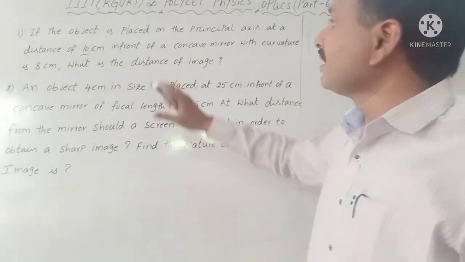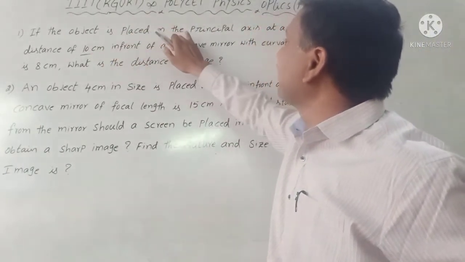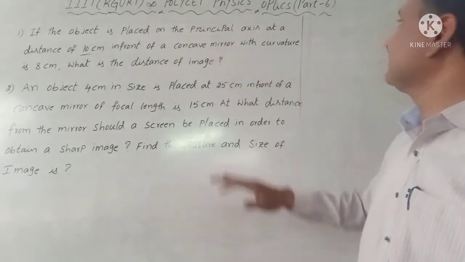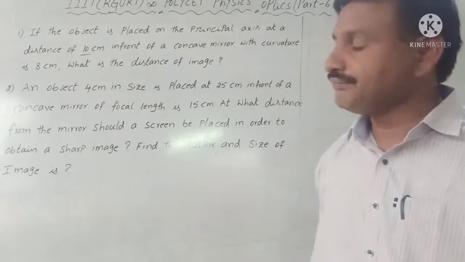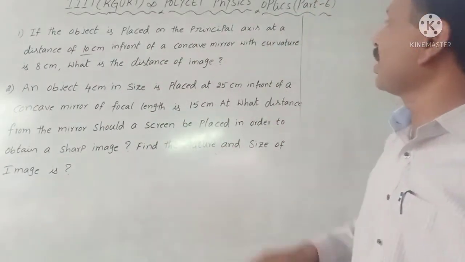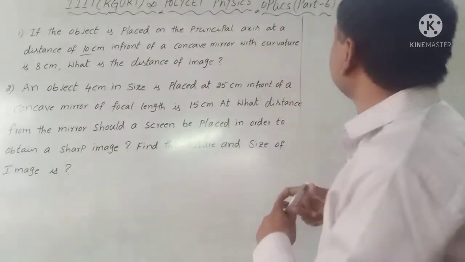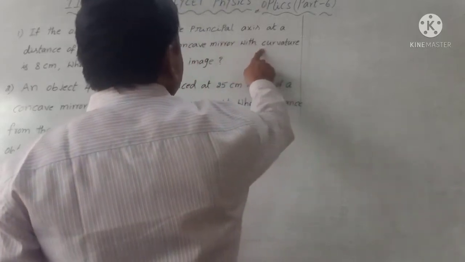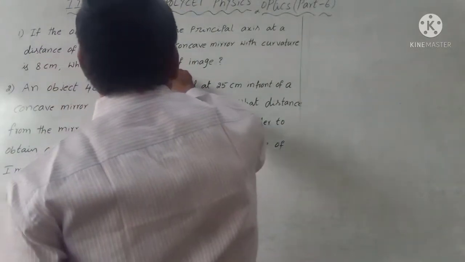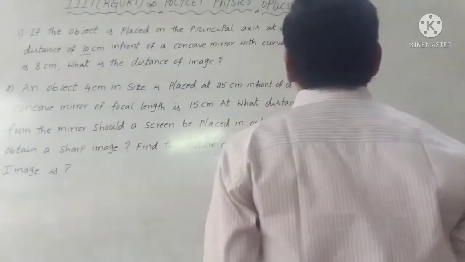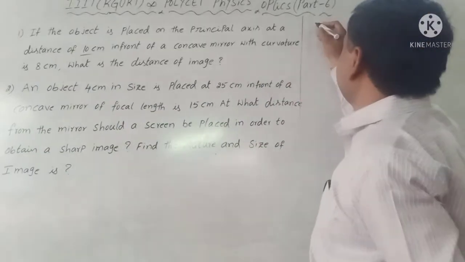If the object is placed on the principal axis at a distance of 10 centimeter in front of a concave mirror whose radius of curvature is 8 centimeter, what is the distance of the image? First we write the given conditions.